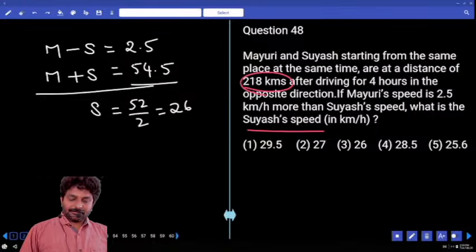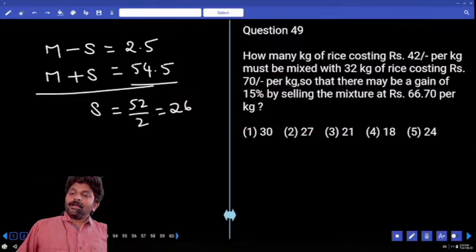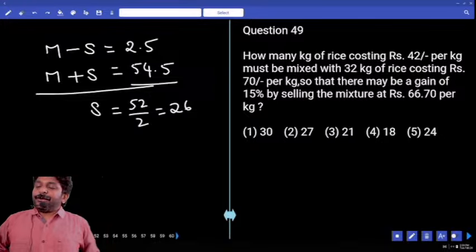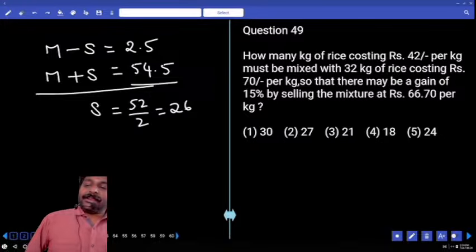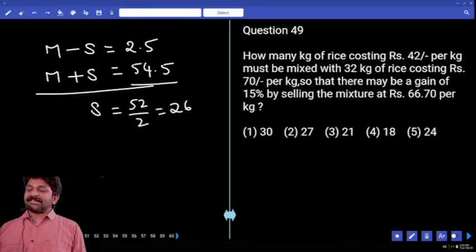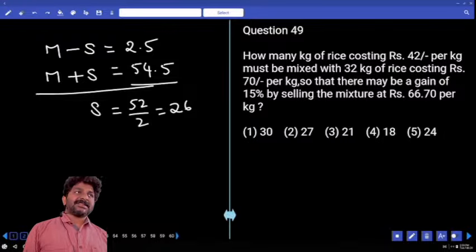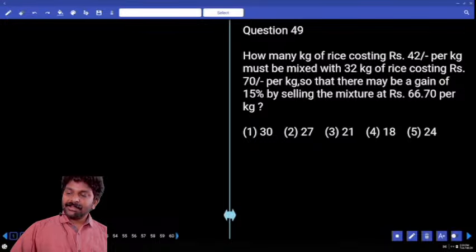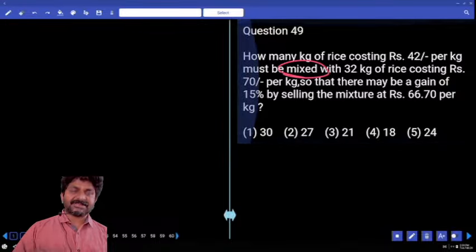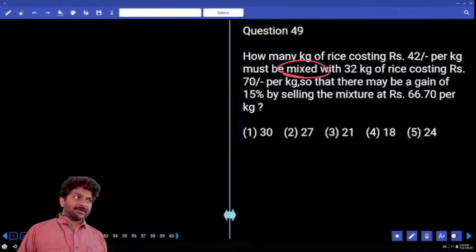What? How many kgs of rice costing 42 rupees per kg must be mixed with 32 kgs of rice costing 70 per kg, so that there may be a gain of 15% by selling the mixture at 66.70 per kg? So they clearly use the word mixed. What concept do we need to use? Alligation and mixture, correct?